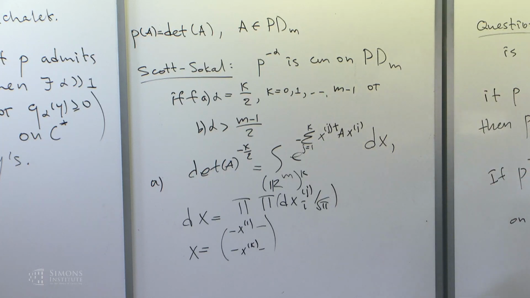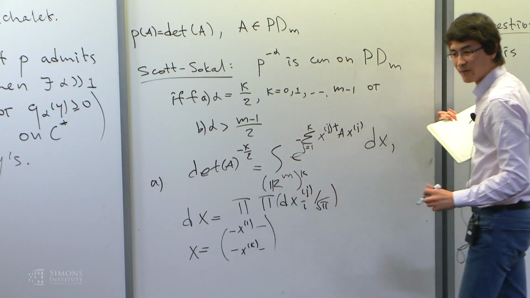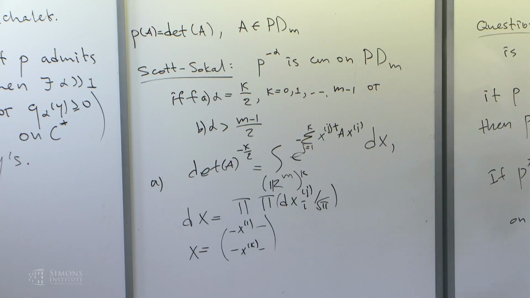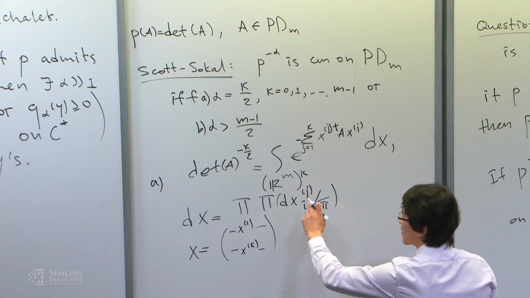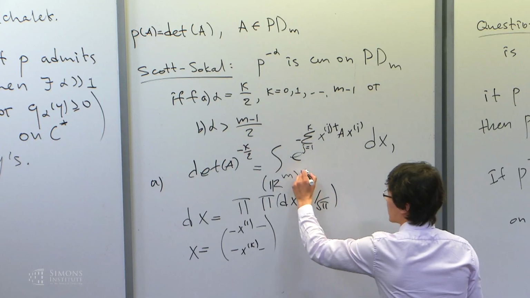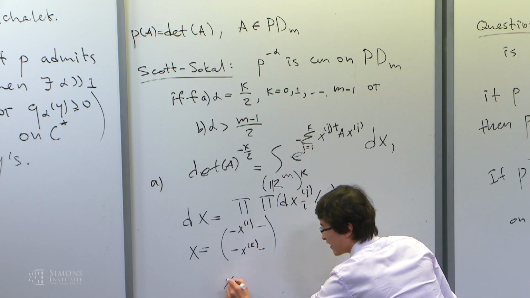In fact, it does not look the same as this formula, because here x enters linearly, but here we integrate not over the cone of matrices; we kind of pull back our measure to the set of rank k matrices that are defined by x.